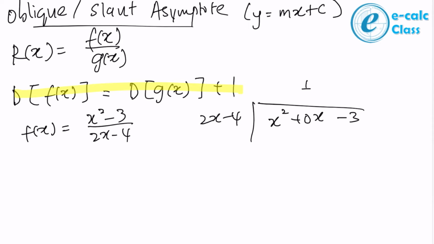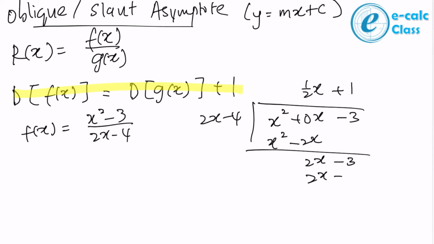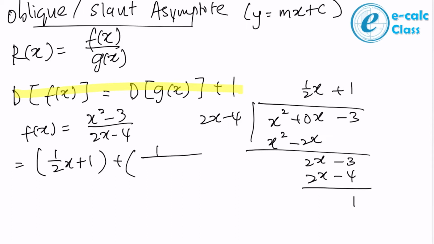You have a half x, so that you have x squared minus 2x, then 2x minus 3, then plus 1, 2x minus 4, and you have a remainder of 1. So by the remainder theorem, this will be half x plus 1 plus 1 over 2x minus 4.